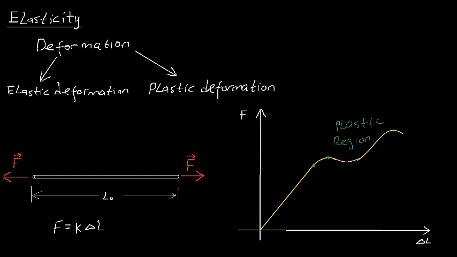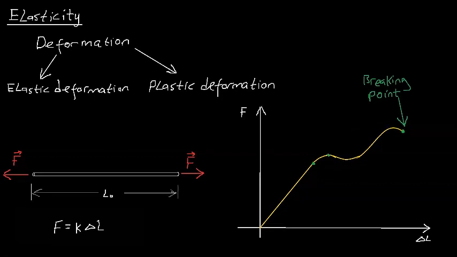In this region, any deformation of the material or of the wire is permanent. So if we removed the applied force, it would remain at the length it currently is. Finally, if we continue increasing the force, we get to a point called the breaking point. This is when the object fractures or breaks due to excessive force applied on it.